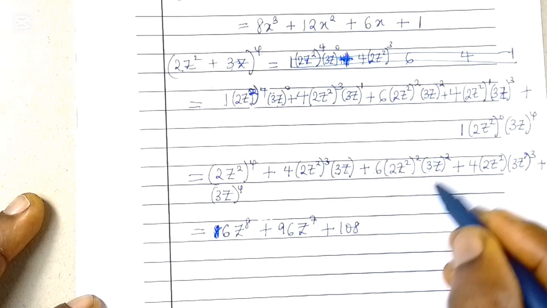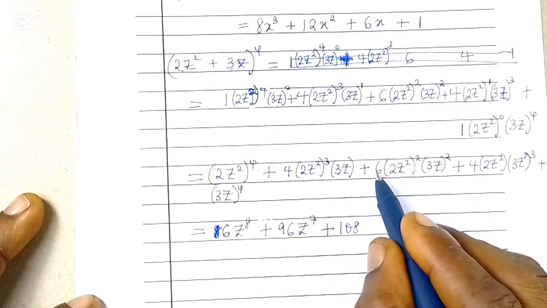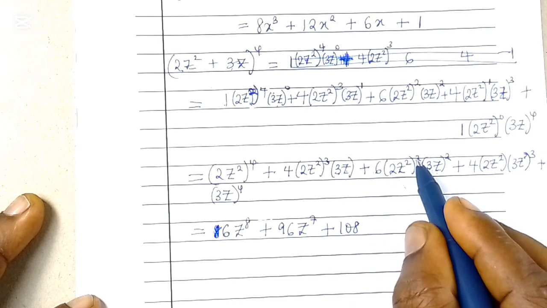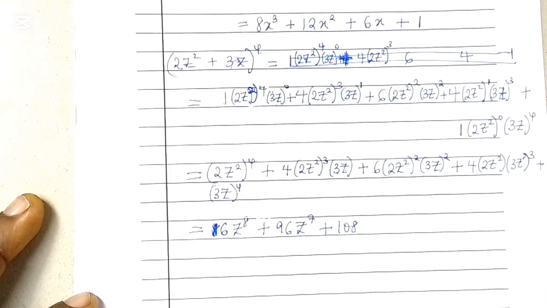So 9z squared. Okay? 9 times 6 will give you 54. This is 2 raised to the power 2. I thought it was 2. So that's 2 raised to the power 2. So it will be 54 times 4. And 54 times 4 is 216.